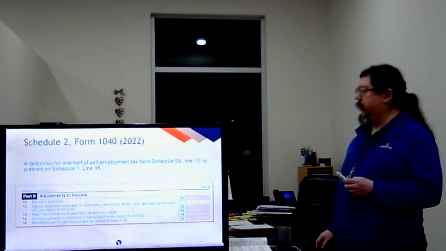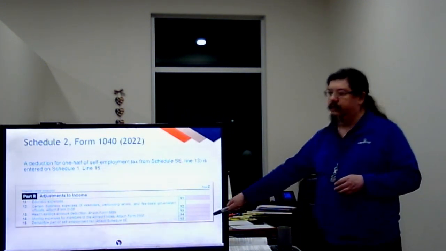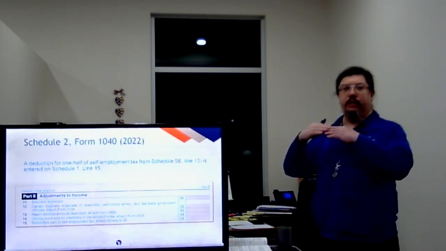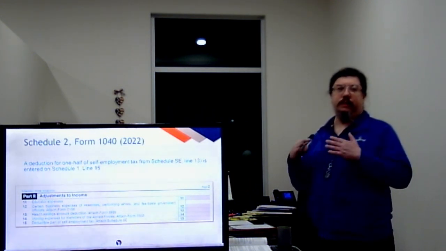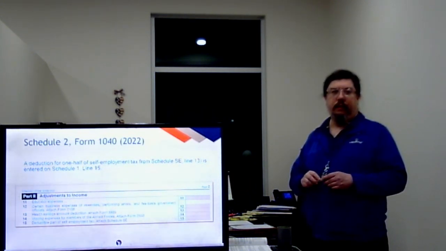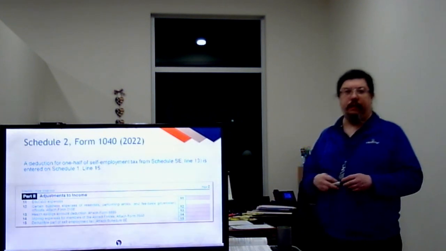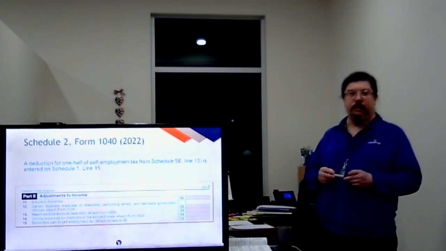No, it goes on adjustments on line 15, so it is reduced. Remember, adjustments, you have your total income minus adjustments is your adjusted gross income. So when you go to figure your income tax, you get to subtract that part out for income tax purposes.